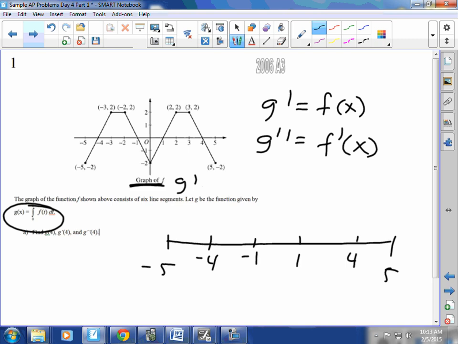Now what do the signs on my sign test for g prime look like? Negative, then it goes above the axis for a while, it's positive, and it goes below the axis from -1 to 1, then it jumps back above the axis from 1 to 4, so we're back to positive, and then from 4 to 5 we'll be back to negative.